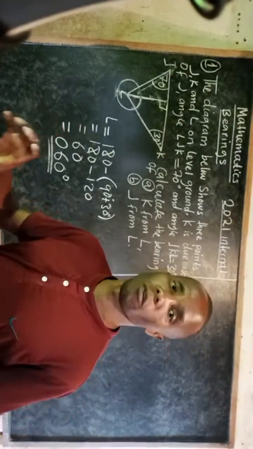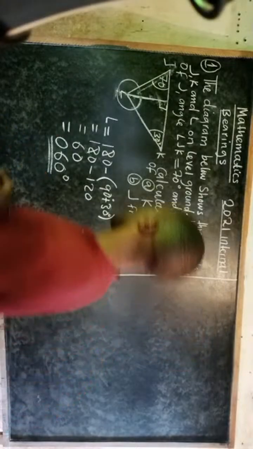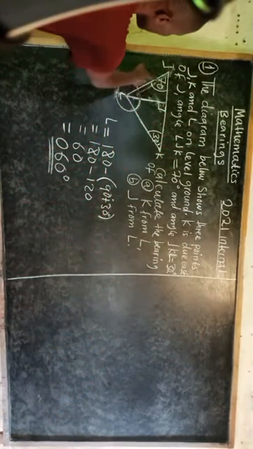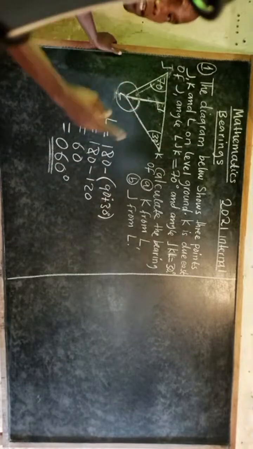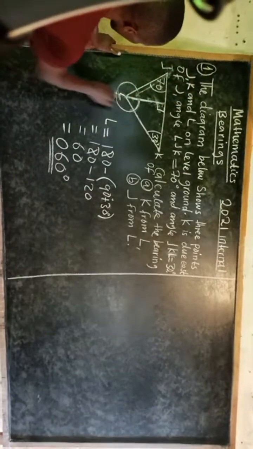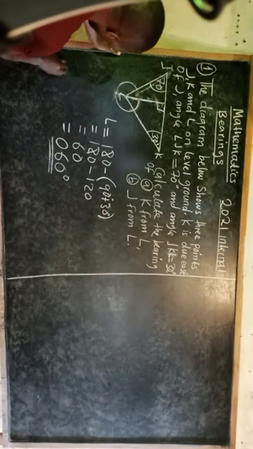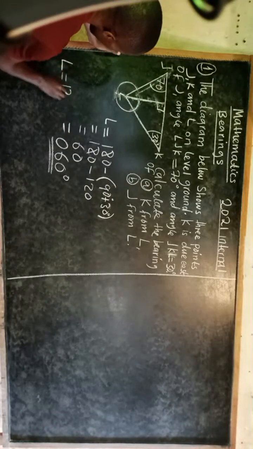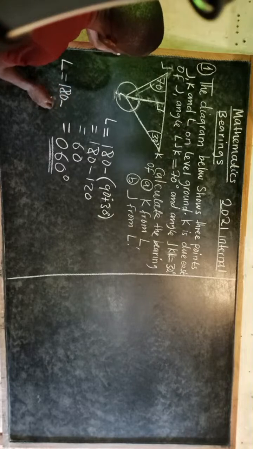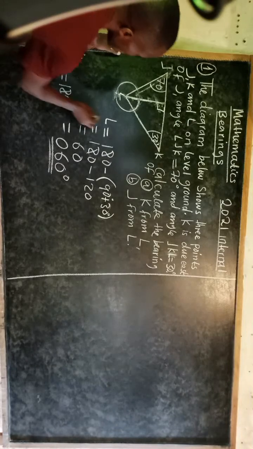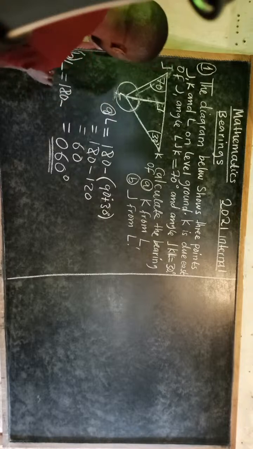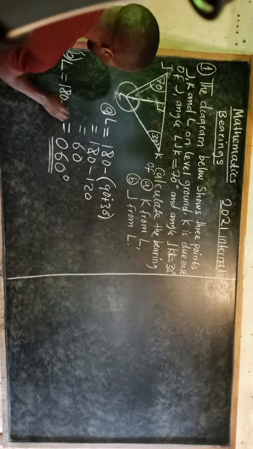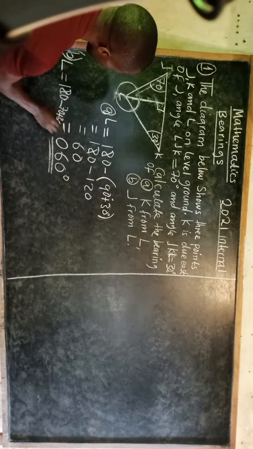So we are going to say 70. This is because a triangle adds up to 180. So for us to find angle L in whole, together with this one, L equals 180 minus, that is for B. We are calculating for B. This was A. 180 minus (70 plus 30).